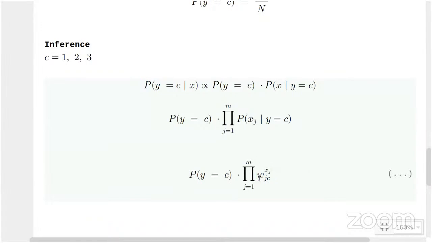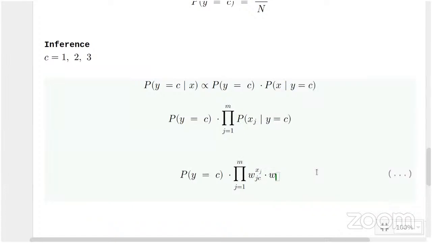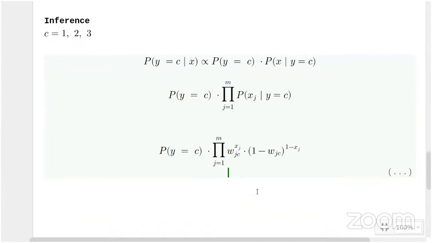That is what WJC means. But you don't know what exactly xj is, so I also need to make sure that this has the other term also. The exponent will be 1 minus xj.